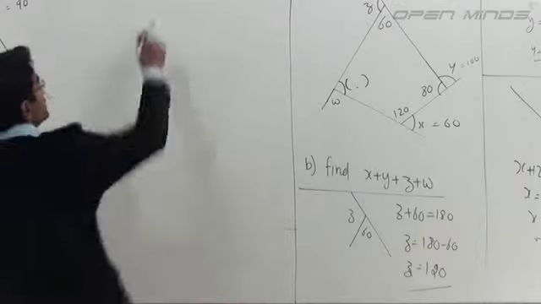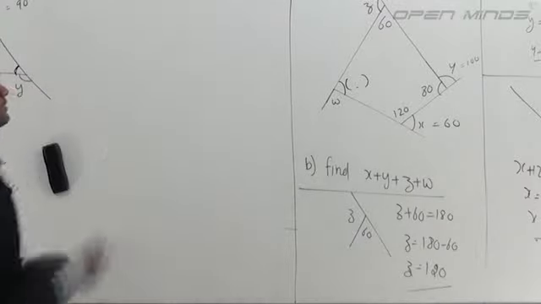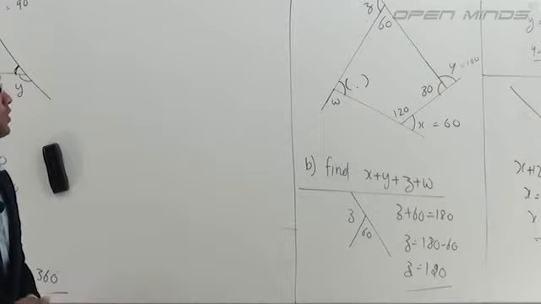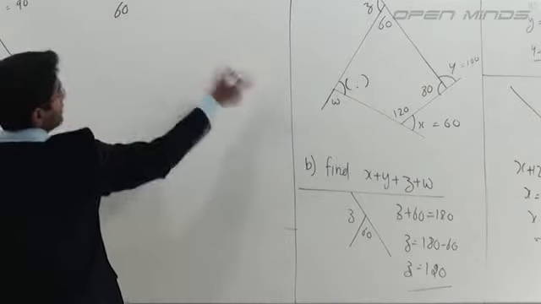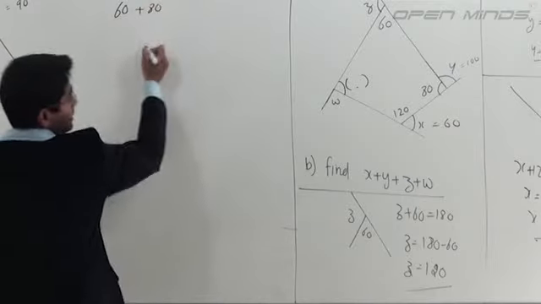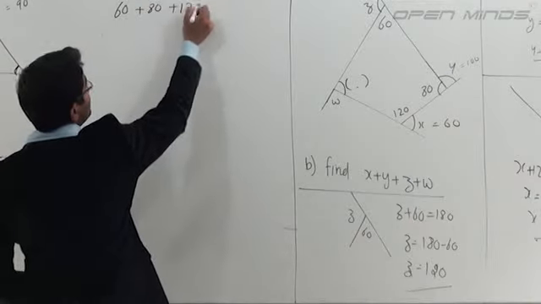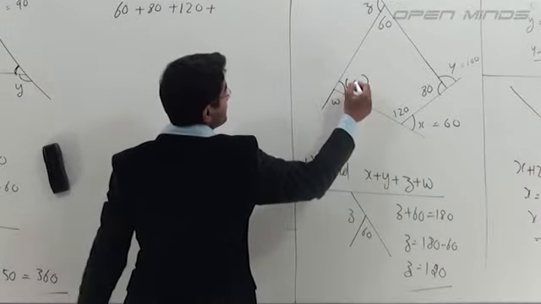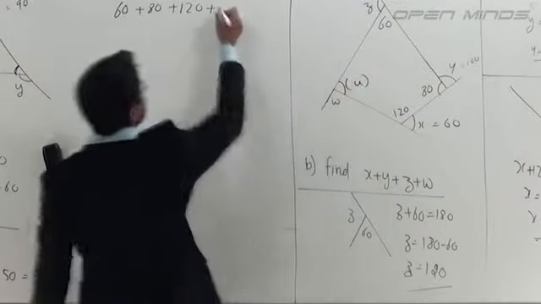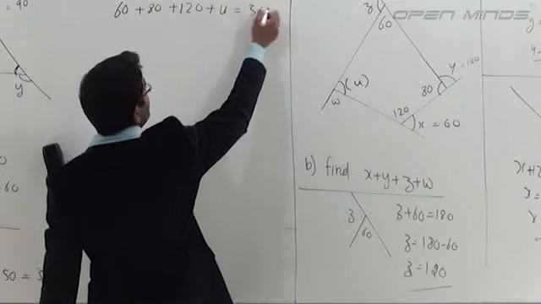So I know that the sum of all the interior angles of a quadrilateral is always 360. So I can write 60, the first angle, then I have 80, second angle, then I have 120, plus this guy I don't know. Let me name it as u itself, plus u is 360.